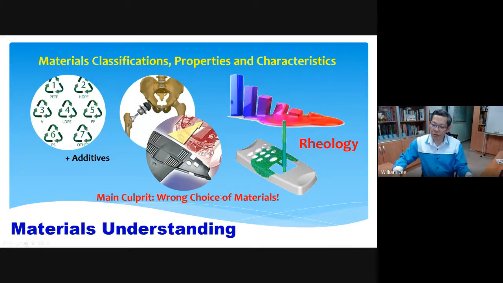So usually a wrong choice of material involves either the material properties or the poor quality that you have selected. That is the main culprit from this second M factor.